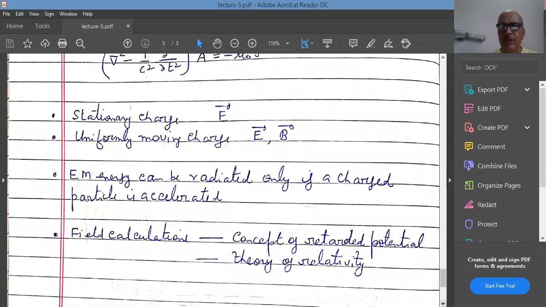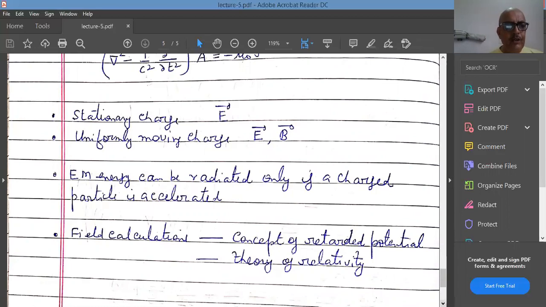Then in order to calculate the field, we will calculate the values of A and V first, and then from A and V we will find the values of E and B, and we will understand the difference between the electrodynamic solution and the electrostatic solution.